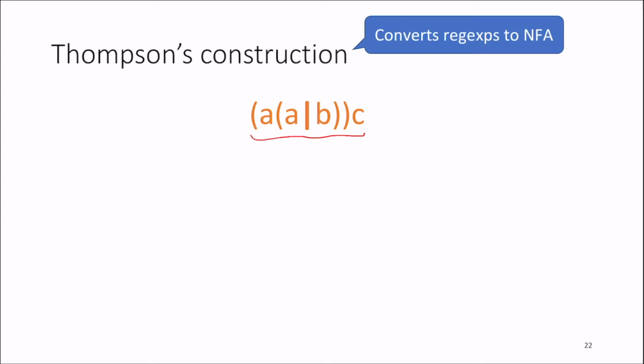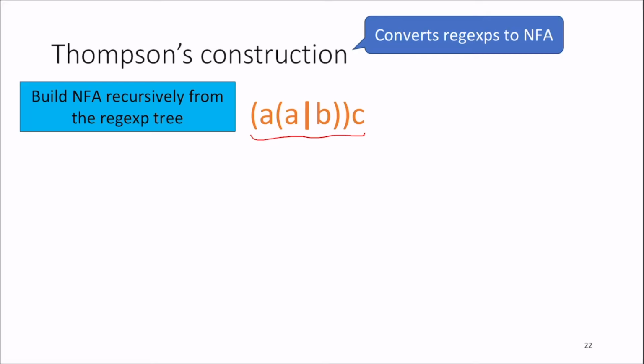So Thompson's construction is going to take a regular expression, and the input it gets is not a string but a tree structure, and converts it to an NFA. So we're going to build the NFA recursively from the regular expression tree.